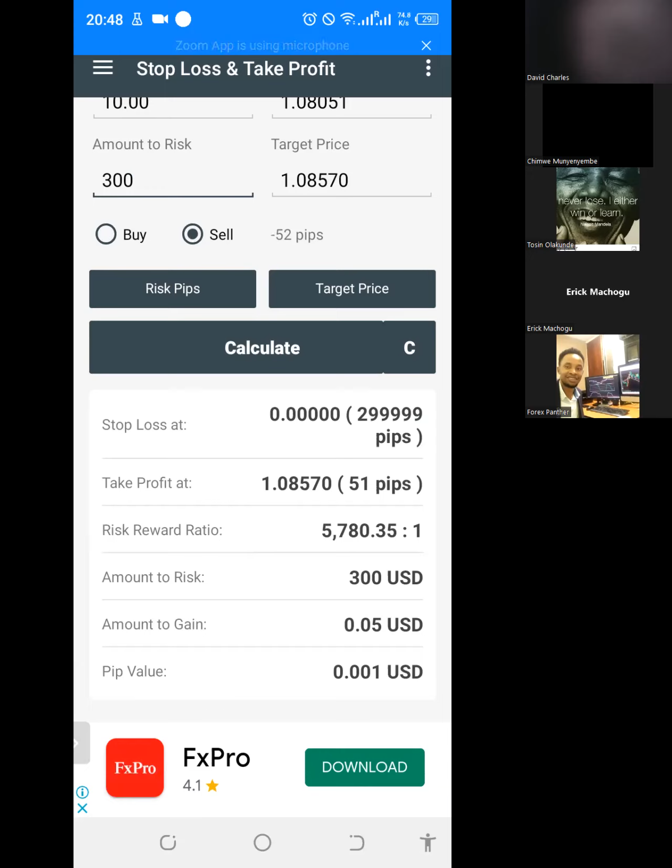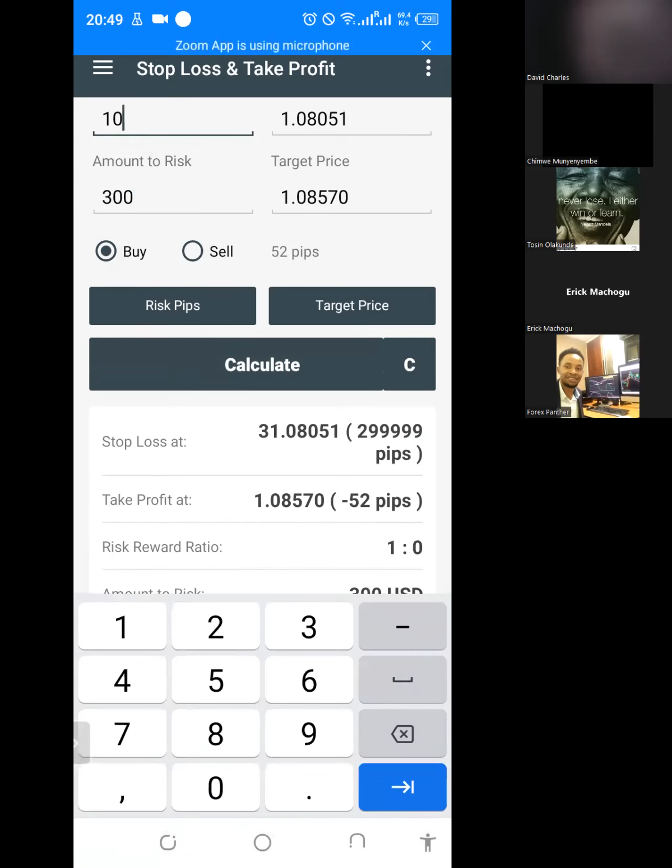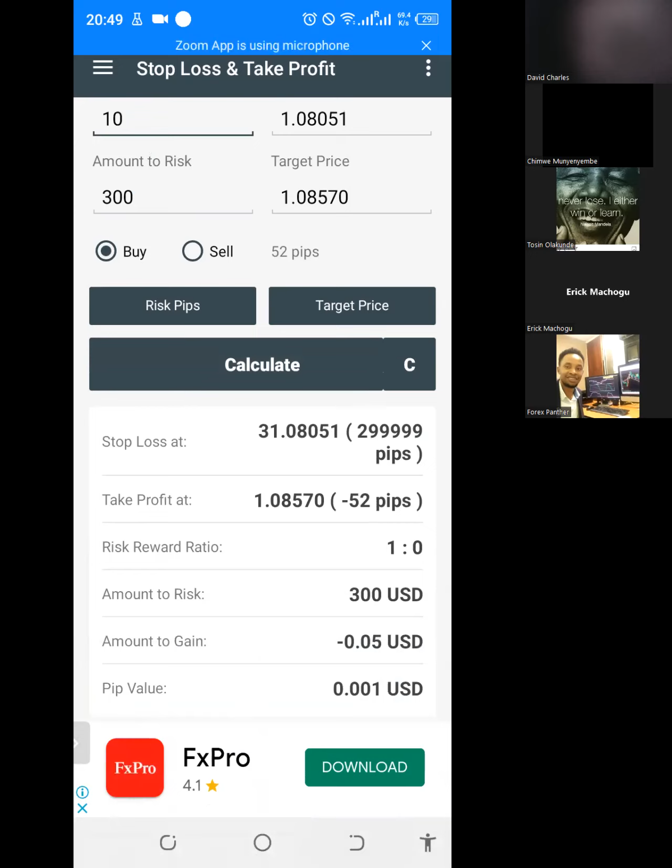You can also go there for a sell, 52 pips, negative 52 pips, calculate, and you see it's going negative and everything is negative. So it's up to how much you need, and that's how much you get. This is how you use this thing.